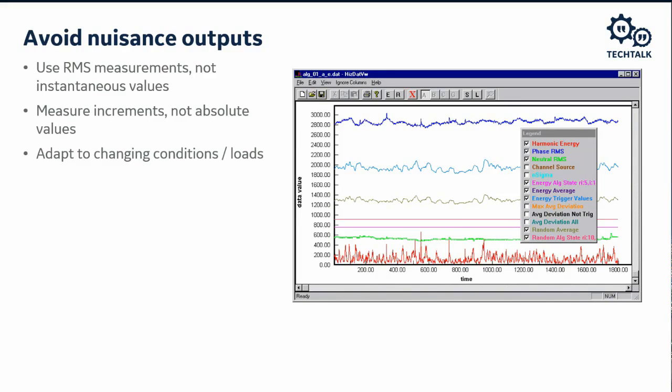The HIF algorithms ignore any harmonic energy patterns in the current below this ambient level. If the harmonic energy on the feeder changes, method F redetermines a new ambient level to adapt to changing conditions. Another method for avoiding nuisance outputs is to use even harmonic restraint and voltage supervision as final tests before declaring a down conductor.